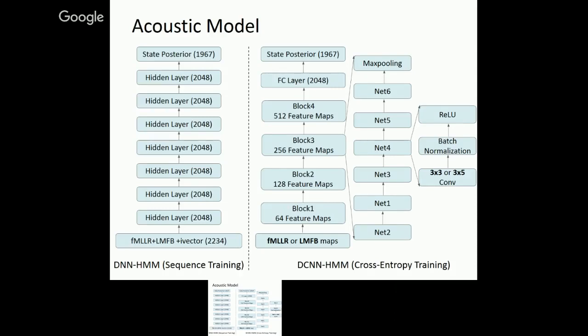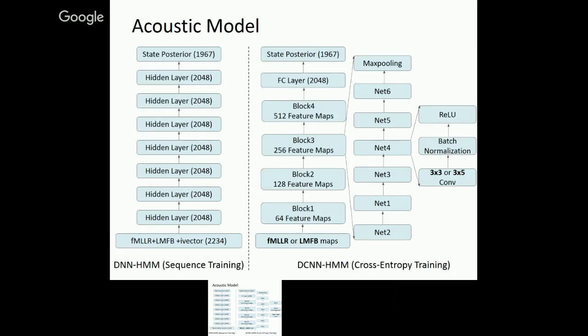On the right, you can see that we use a deep convolutional neural network. It seems like a VGGNet. First we have 4 blocks. In each block we have several nets, and each net is a convolutional layer with batch normalization and ELU activation function.